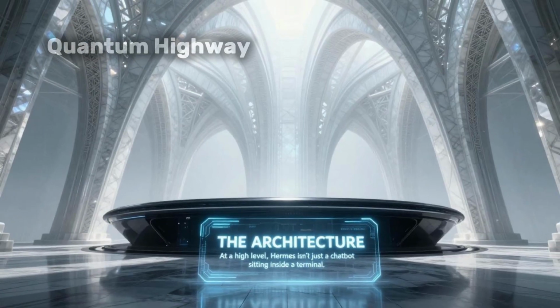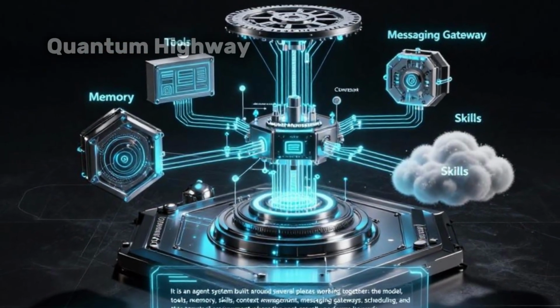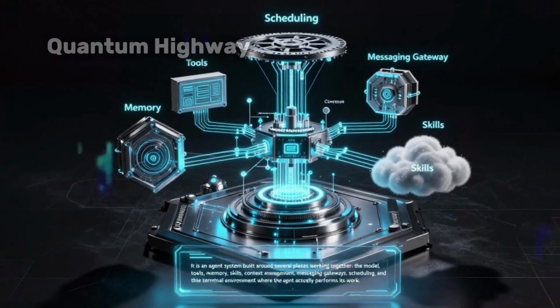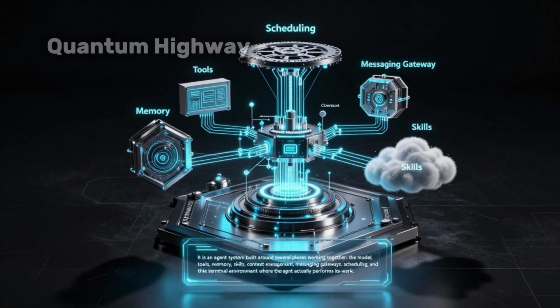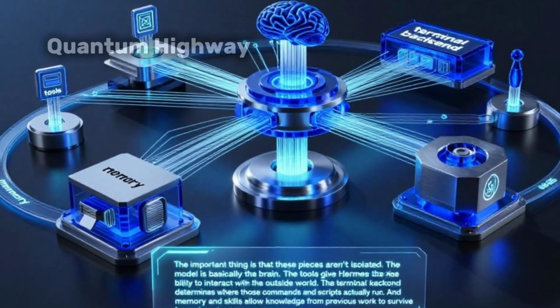Hermes isn't just a chatbot sitting inside a terminal. It is an agent system built around several pieces working together: the model, tools, memory, skills, context management, messaging gateways, scheduling, and the terminal environment where the agent actually performs its work. The important thing is that these pieces aren't isolated.